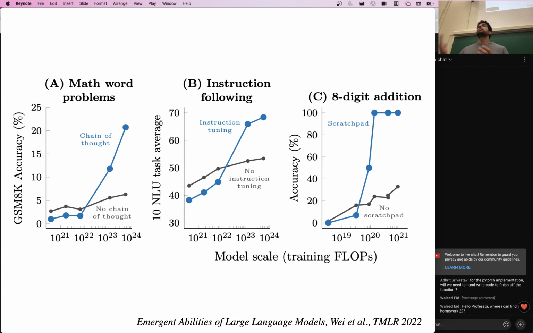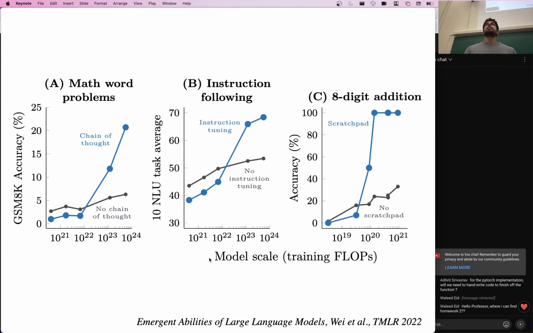So more flops is a function of bigger model and bigger data set size, and also number of iterations. We see that as you increase the compute budget used to train the model, its accuracy using chain of thought prompting on these math word problems is pretty low until a certain point. And then we observe its accuracy jumping steadily from close to 0 to about 20% on this task, which suggests that at some point the model is able to make use of this kind of chain of thought reasoning to better solve these problems.